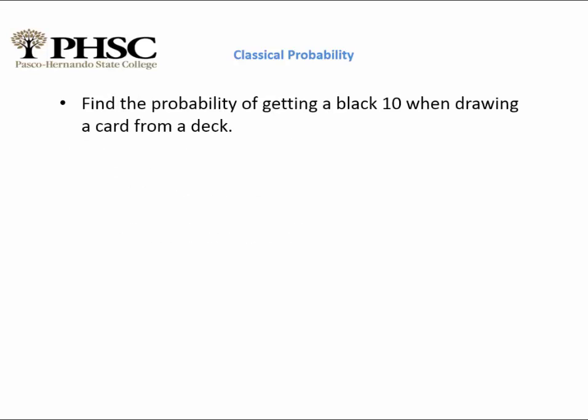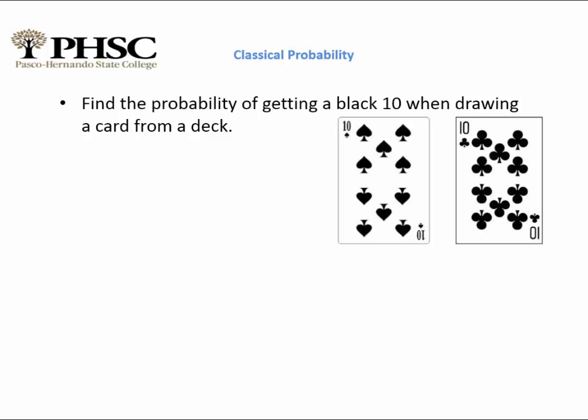So here's an example. Find the probability of getting a black 10 when drawing a card from a deck. The first thing is you have to determine how many possible ways I can get a black 10. If we're talking about a deck of cards, then we have the 10 of spades or the 10 of clubs. So there are 2 possibilities. Now, how many cards are in a deck?